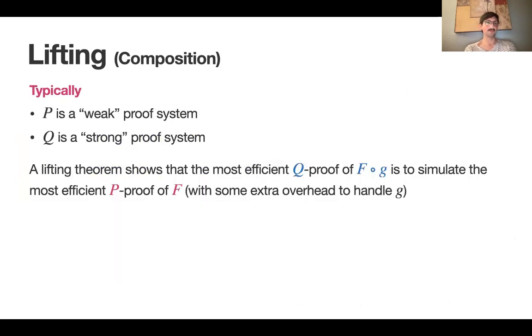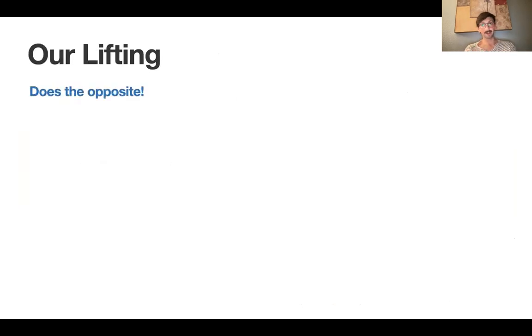Typically in lifting theorems, P is a weak proof system, Q is a strong proof system, and a lifting theorem shows that the most efficient Q proofs of the composed function are just to simulate the most efficient P proofs of the uncomposed function with a little bit of overhead to handle the gadget. But our lifting theorem does the opposite.